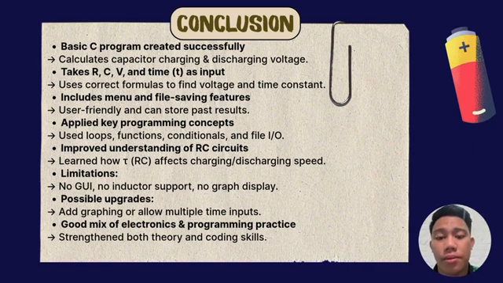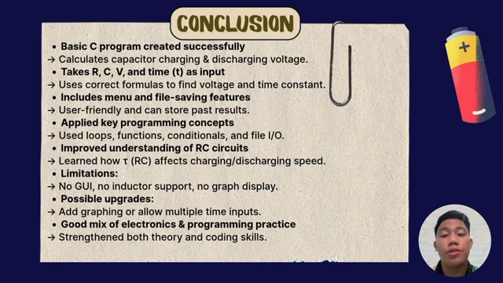A basic C program was successfully developed. It calculates the voltage of a capacitor during charging and discharging. Next, there are two main input categories required by the program. First, the resistance and capacitance. Second, the voltage and the time.